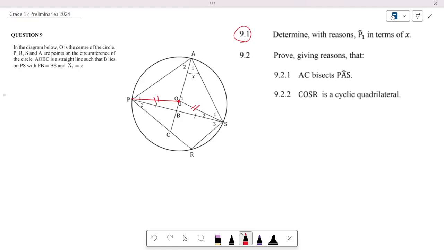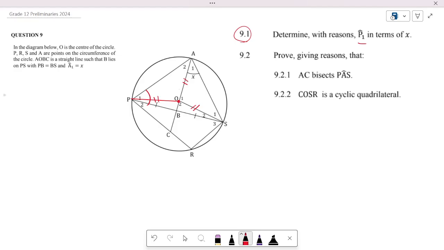So 9.1 says, determine with reasons angle P1 in terms of x. So we need to determine angle P1 in terms of x. Okay, so the way we're going to start is the following. What I actually see over here is that this is also a radius, right?